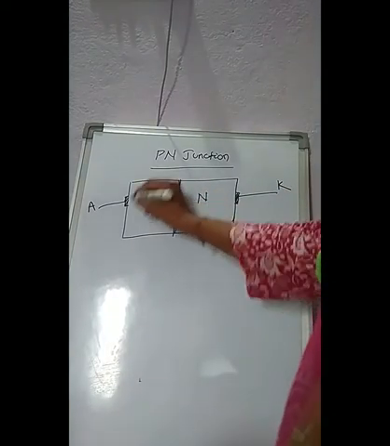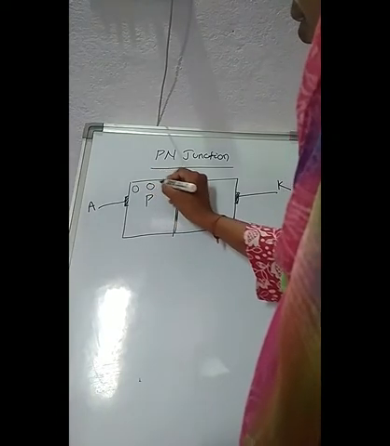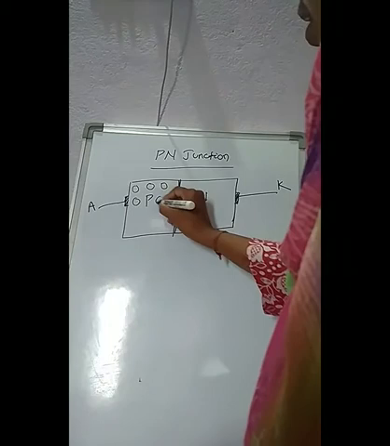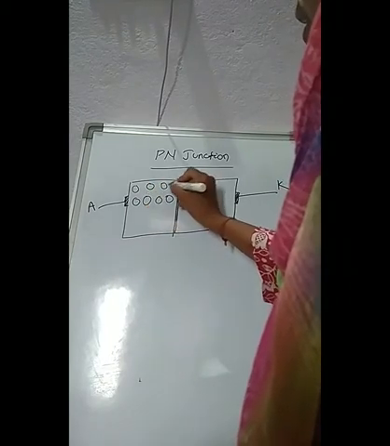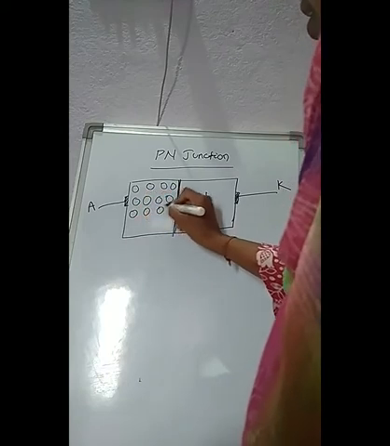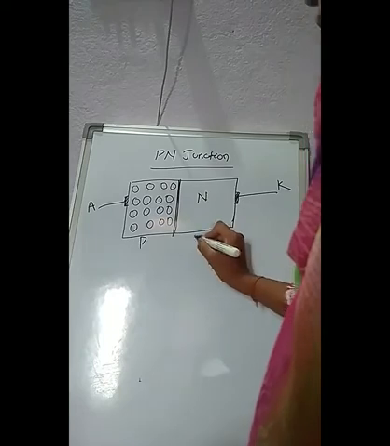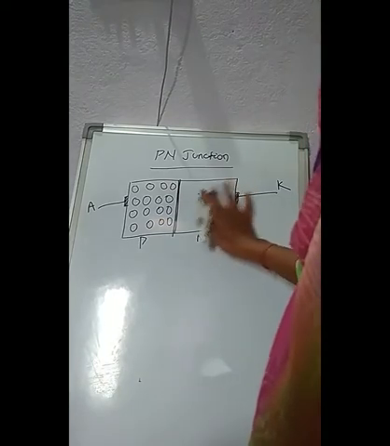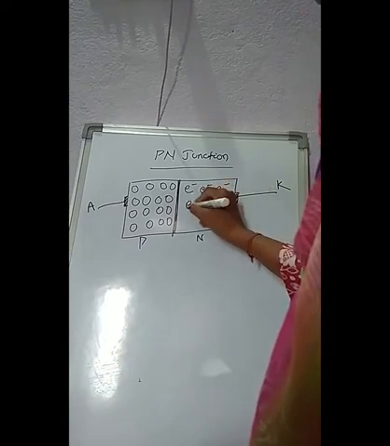In P-type material, the majority charge carriers are holes, in N-type the majority charge carriers are electrons.